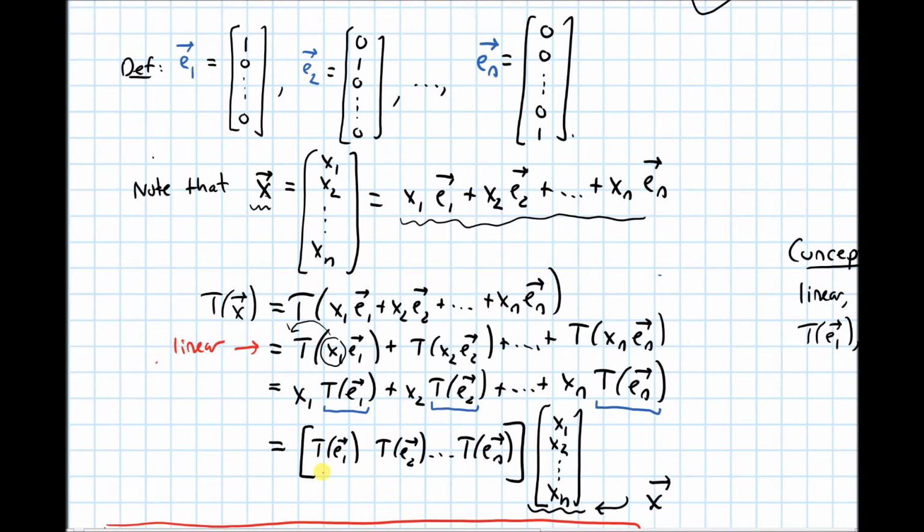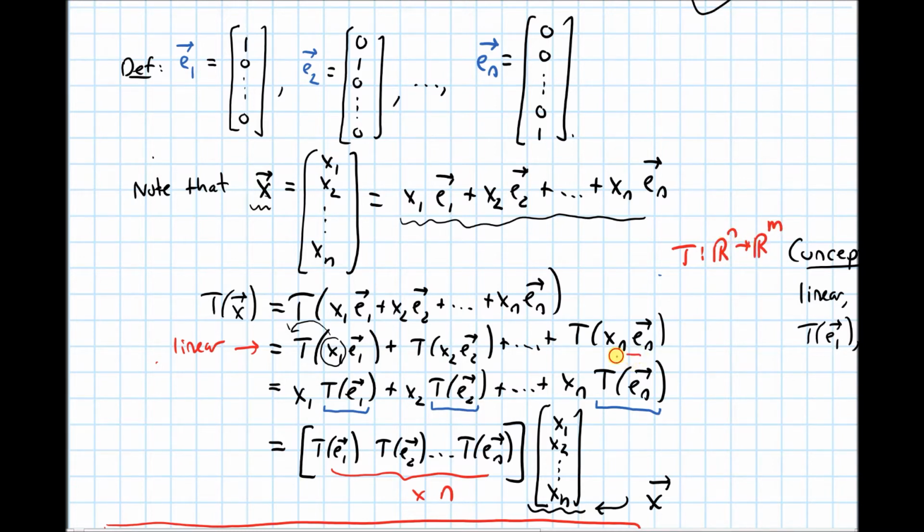So what's the size of this matrix? Well, it definitely has n columns. How many rows does it have? Remember that T is a transformation that goes from Rn to Rm. That's what we were given.